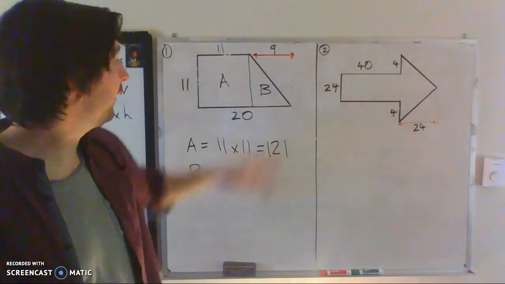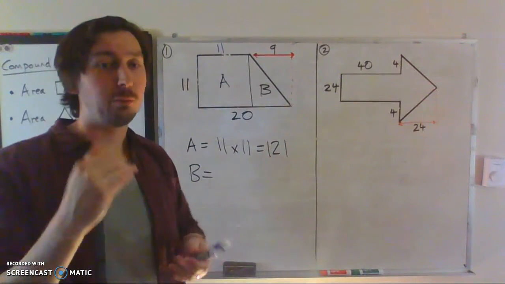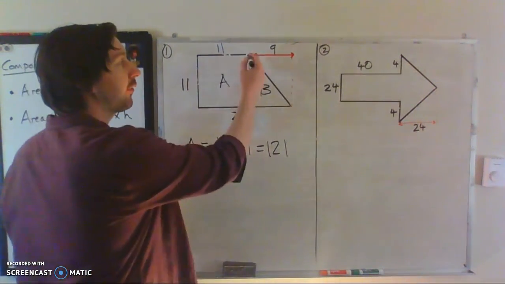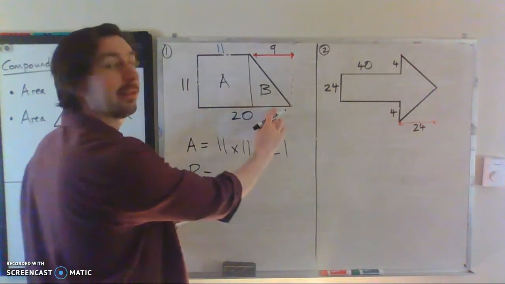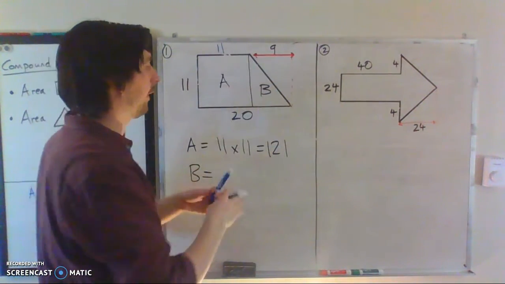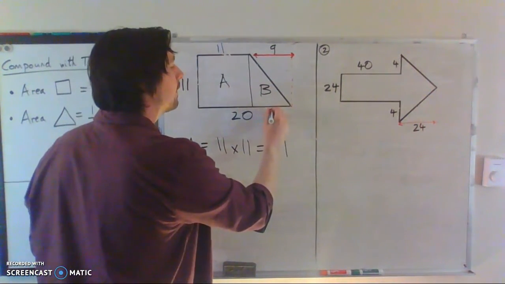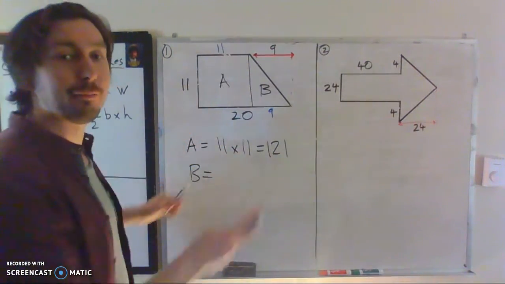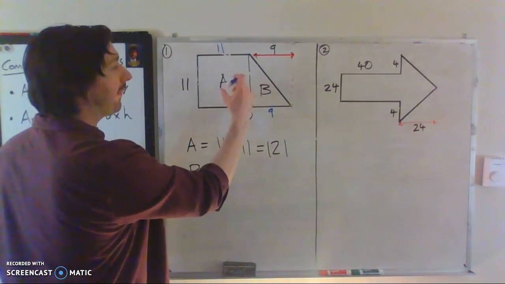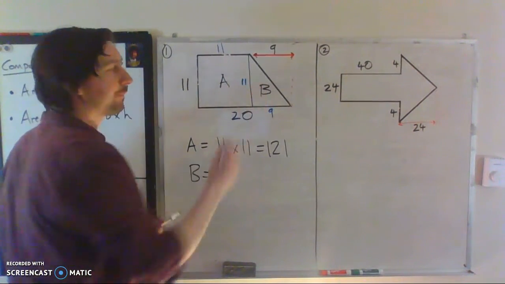I can see that for this one, it doesn't matter what's the base, what's the height. This could be the base or this could be the base. If I say this is the base, can you see how it's 9? Because it has it up here. And now the height, if I just bring this over, you can see that the height is 11.